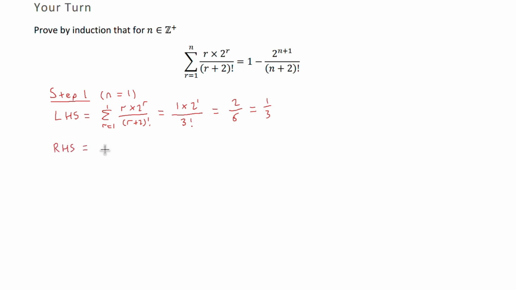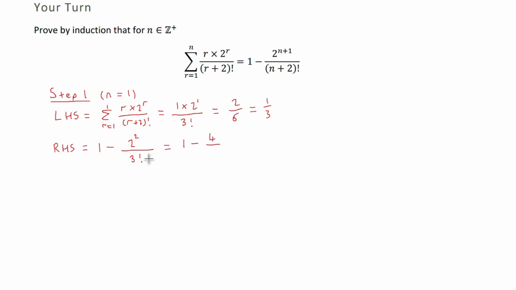On the right-hand side, we have 1 minus 2 to the power of n plus 1, which is 2, over 1 plus 2 is 3 factorial. And this gets us 1 minus 2 squared, which is 4.